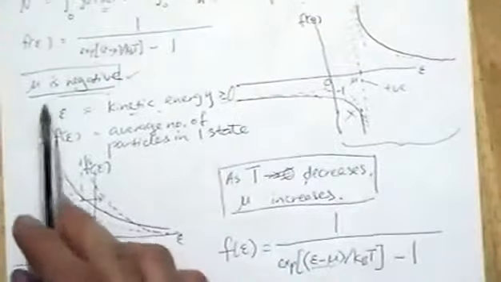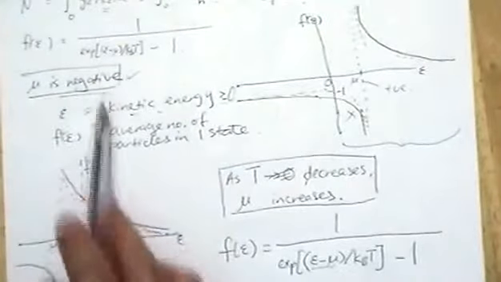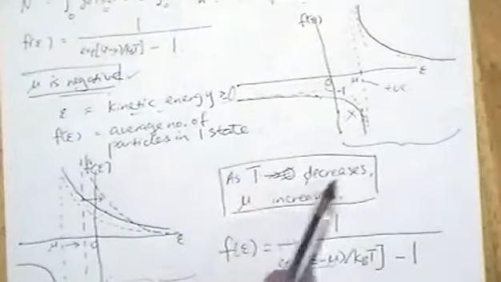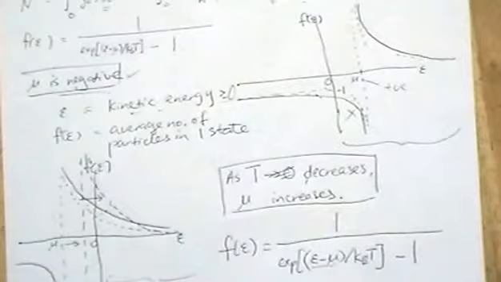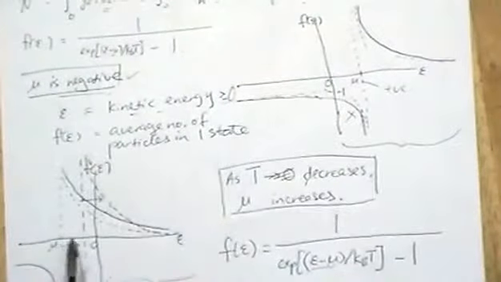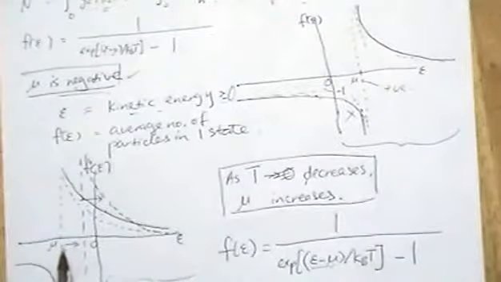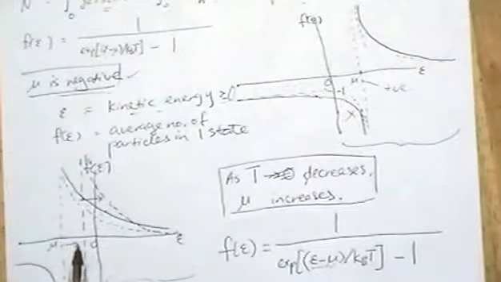And let's summarize what we have got so far. We have two properties. One, that mu is negative. The other, that mu increases as temperature falls. So together, we would understand that as mu increases, it would be increasing towards zero.